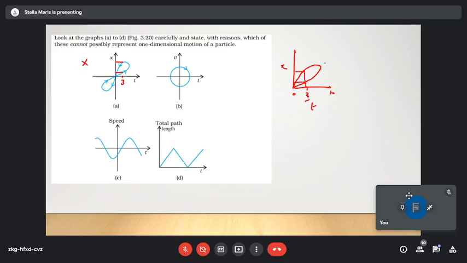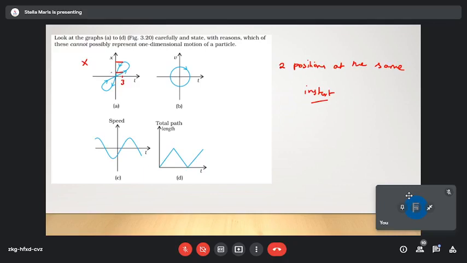You get my point? So there are two positions at the same instant. You getting it? Yes, sir.